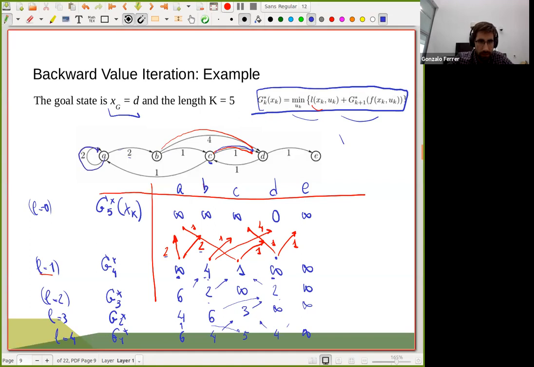The best thing we can do is stay in A, and then we know that whatever the other trajectory is, it has cost 4. In this case, cost 4 of a trajectory of length 3 was this, this, and this, but we didn't recalculate this cost. It was just known that it was 4 because of the value iteration, right? So this is a very powerful technique. It still has some issues, right?